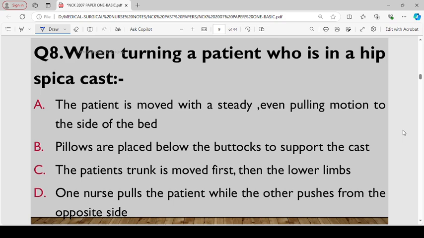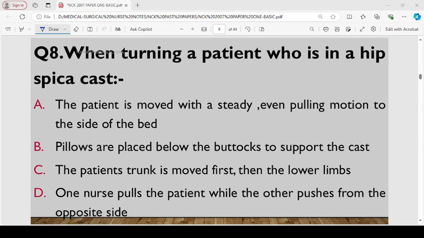When turning a patient who is in a hip spica cast, what happens? We have nurse A up to nurse D. You have a minute. Nurse A says the patient is moved in a steady, even pulling motion to the side of the bed. This is incorrect as the movement needs careful coordination, not just simply pulling the patient, right?